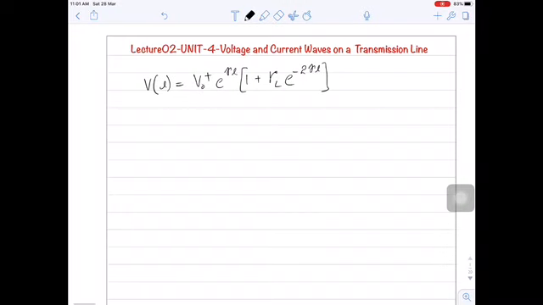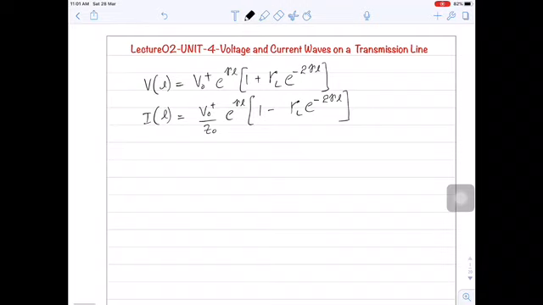Similarly, the current at a distance of L from the load is expressed as V0+ divided by the characteristic impedance of the transmission line, into e^(γL) (1 - Γ_L e^(-2γL)).